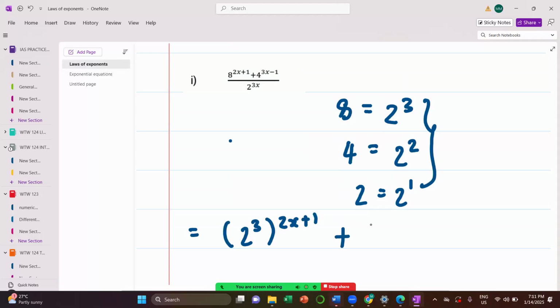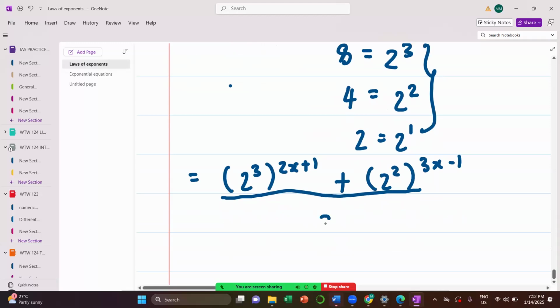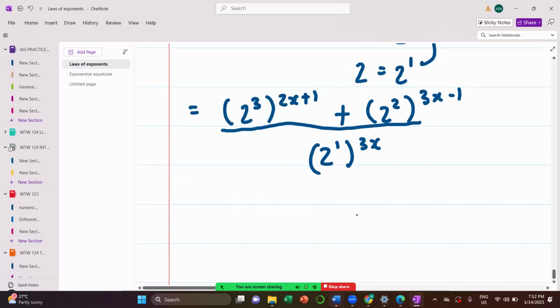Plus, where I see 4, I'm going to have 2 to the exponent of 2, all to the exponent of 3x minus 1, all over 2 to the exponent of 1, all to the exponent of 3x. Are we okay, guys?